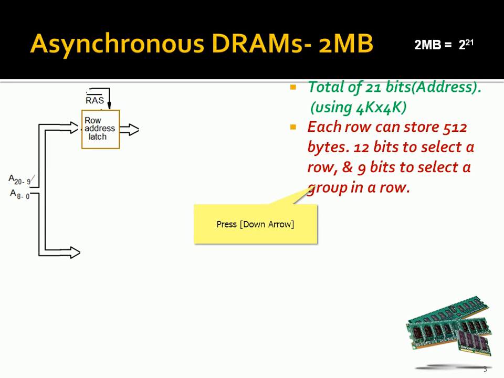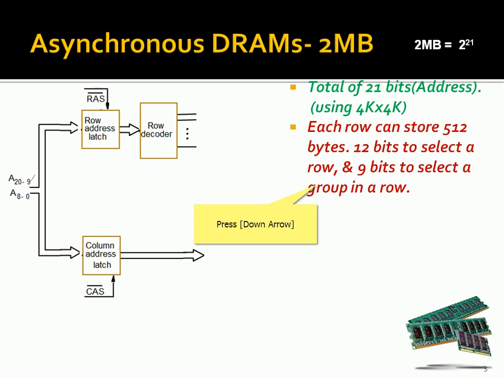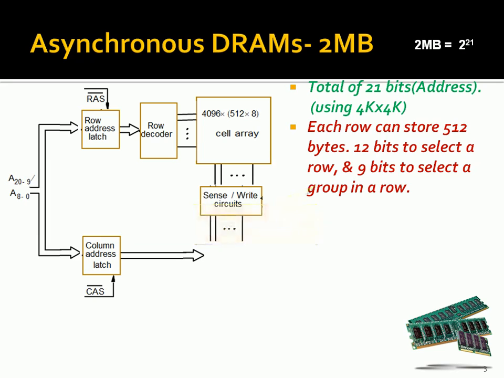The column address strobe helps decode the column address latch, and the row address decoder selects the row. We then formulate the cell array, and the sense/read circuit drives the information out of the cell.